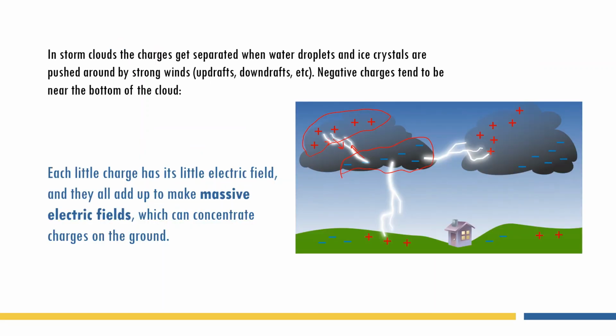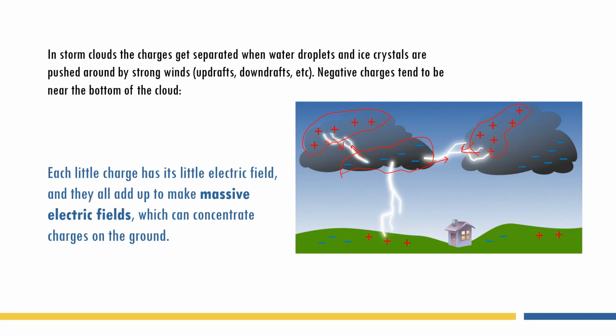Also, if clouds get close to each other, this negative charge would likely go to this positive charge, and you get lightning from one cloud to another cloud.